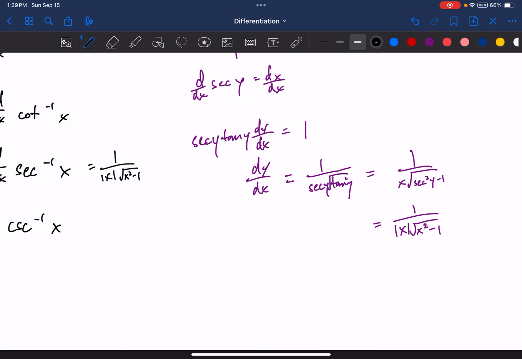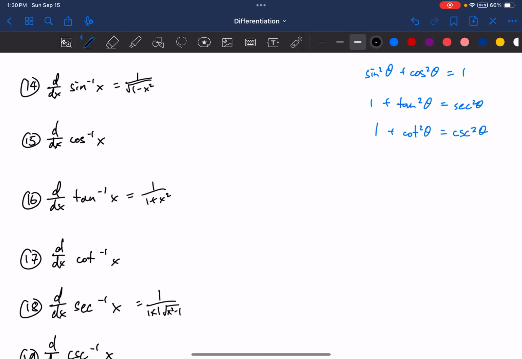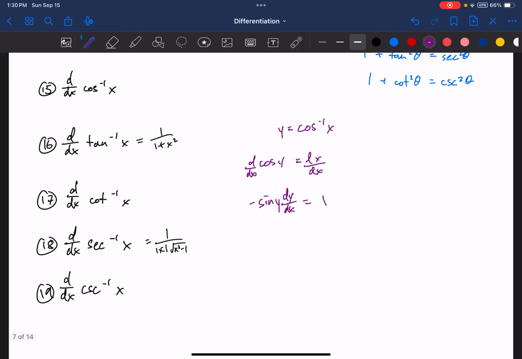Okay, for the rest of these, you do them the exact same way. I'll just do the cosine one. y equals arccosine x. Cosine both sides, differentiate both sides. This will turn out to be negative sine y dy dx. This will become 1.